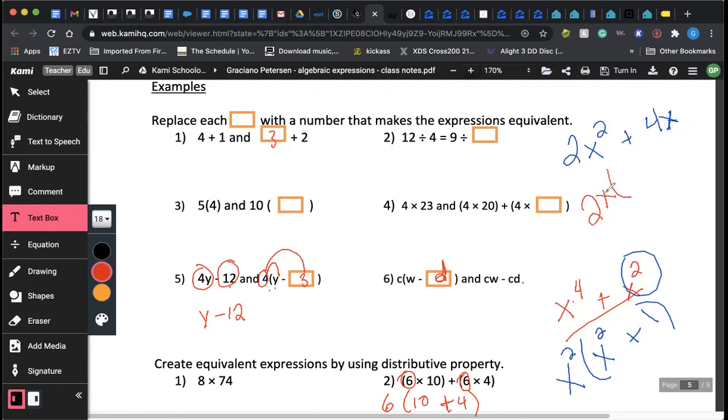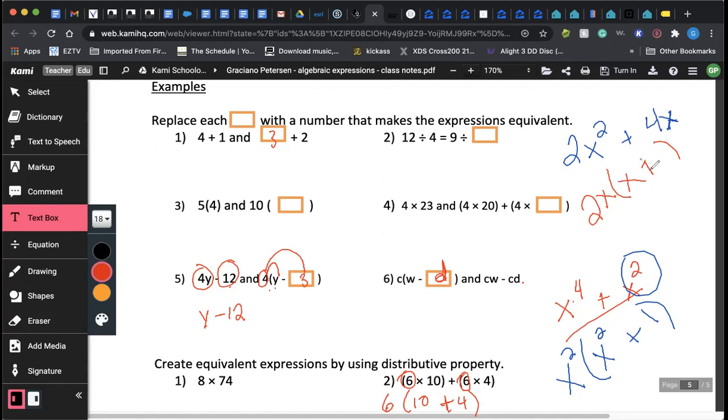What do I need to multiply 2x by to get 2x squared? So I'm trying to get 2x squared, right? I've already pulled out 2x. What do I have to multiply 2x by? I'd have to just multiply it by x. Okay. 2x times x will give me 2x squared.